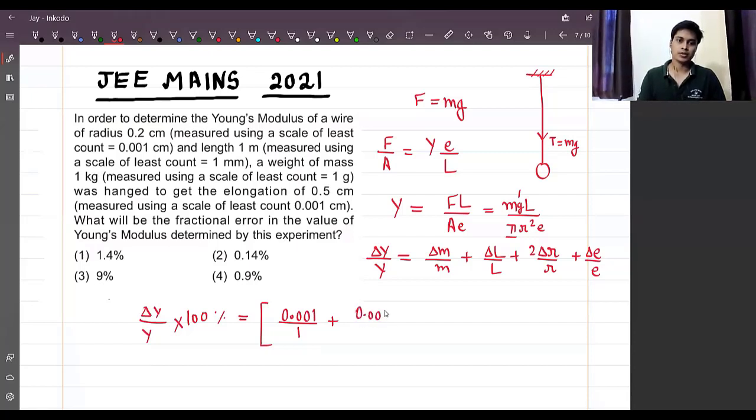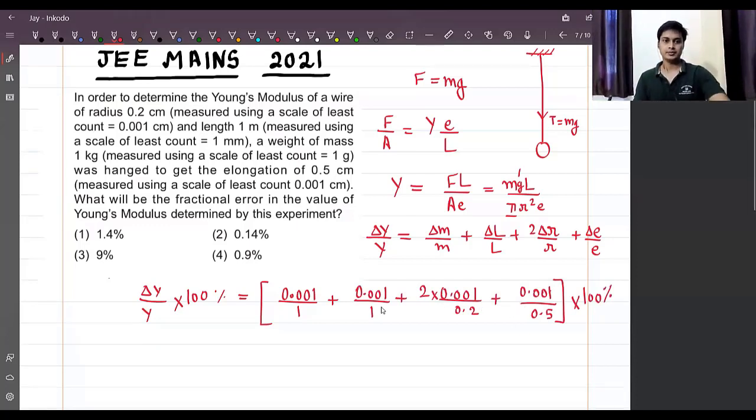It will be 0.001 divided by 1 meter, plus twice of error in radius measurement, that is 0.2 centimeter, and error is 0.001. So twice of 0.001 by 0.2, and error in extension, that is 0.001 centimeter divided by the extension that has the same unit, centimeter, whole thing multiplied by 100%.